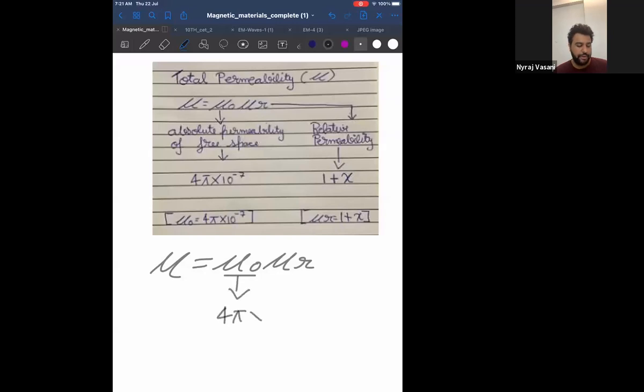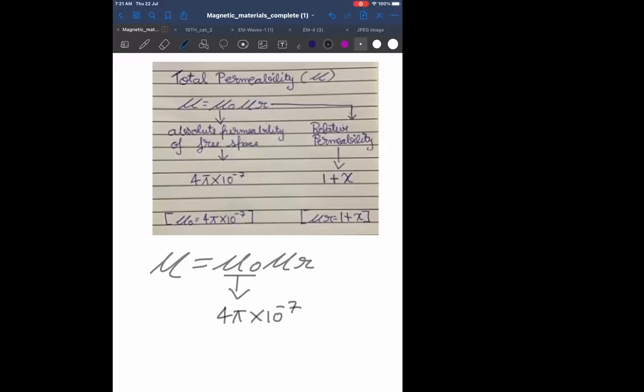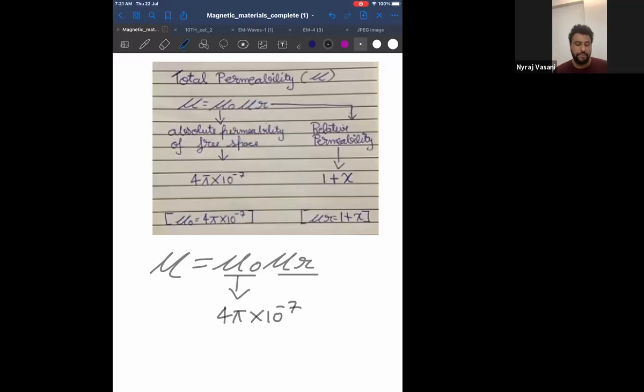The absolute permeability of free space is 4 pi into 10 power minus 7, correct? Everyone confirm whether you know this. Mu naught is 4 pi into 10 power minus 7, and mu r is called relative permeability. And relative permeability is given by the formula 1 plus susceptibility.